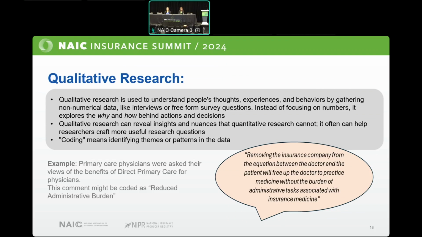But here with qualitative research, we're talking more about things like interviews, focus groups, free-form responses to survey questions. So it's more of a narrative, and generally what happens is you will have some sort of structured approach that you are using to talk to people, say about their experience with a certain model of healthcare delivery.